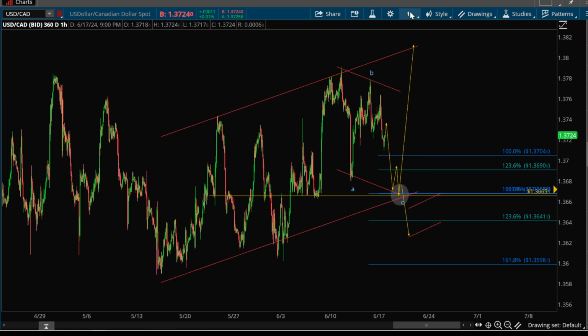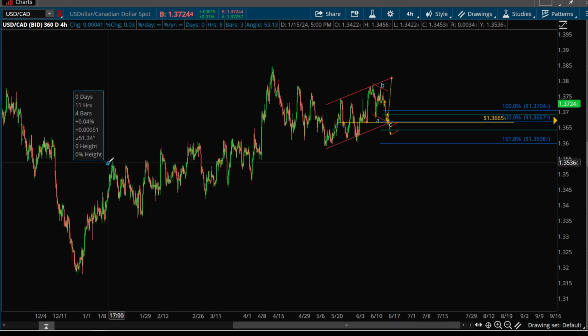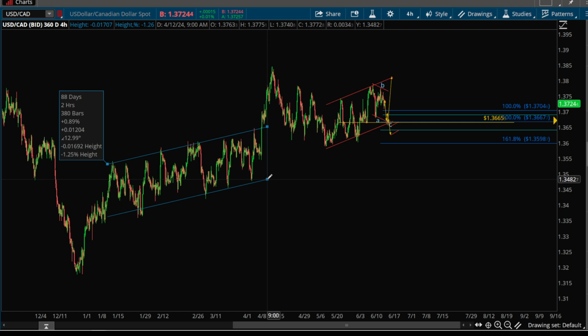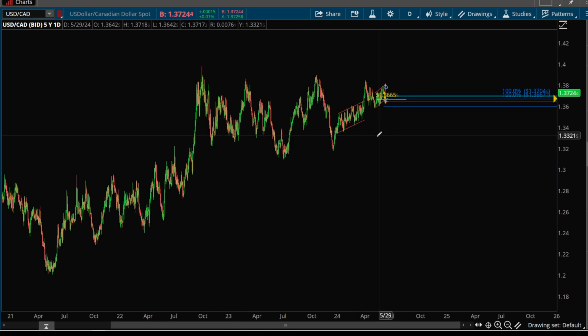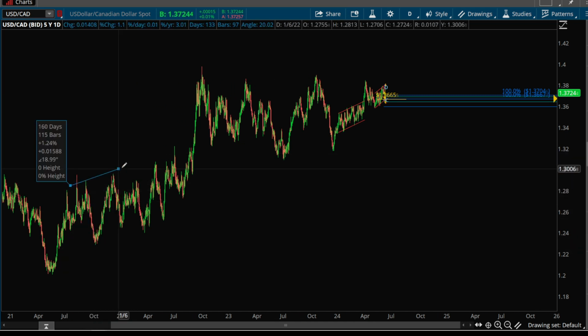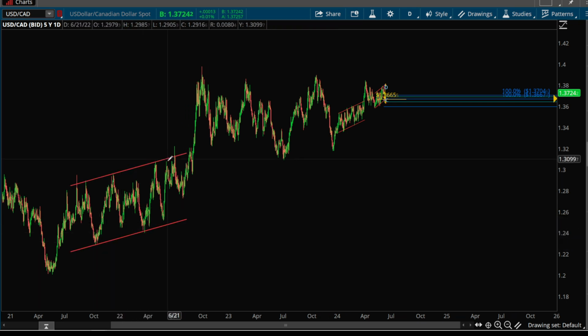On the 4-hour chart, every time you come to the bottom of the channel, you never correct down here. You come down here, you push away. It's an impulse up to break the highs. You come down here, it's impulse up, impulse up, impulse up. Daily chart: you come down to this channel, you're down there for a split second, and it's impulse up, impulse up, impulse up.